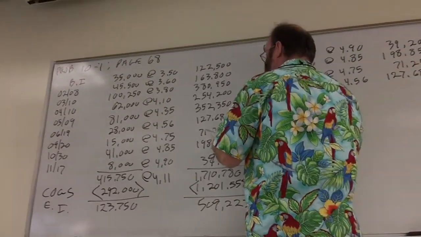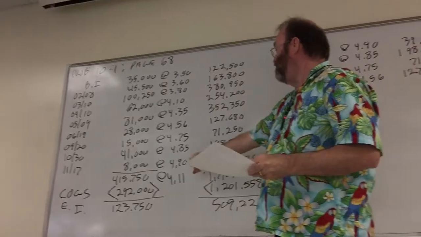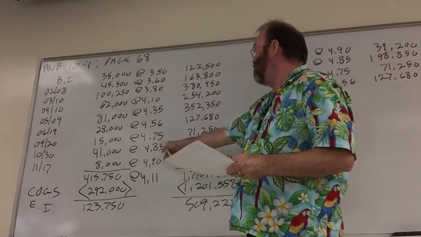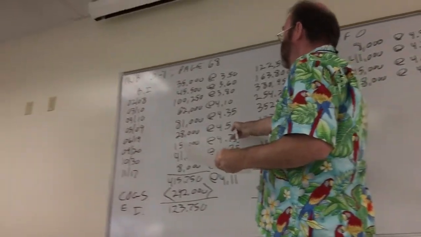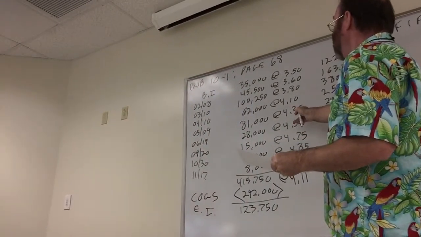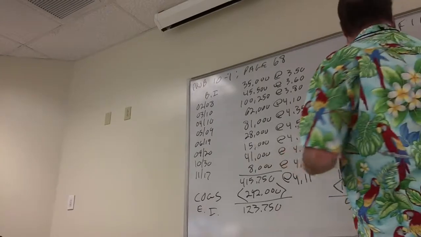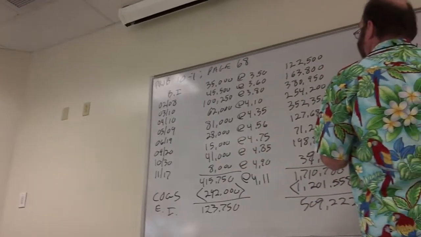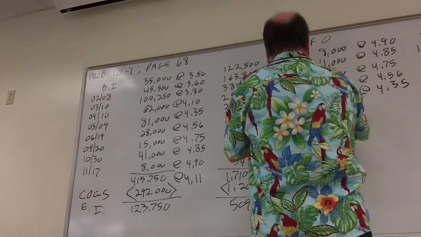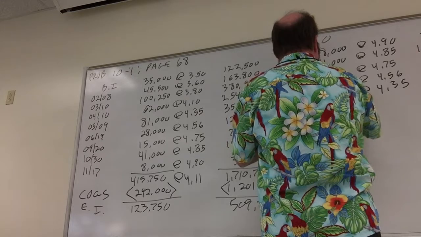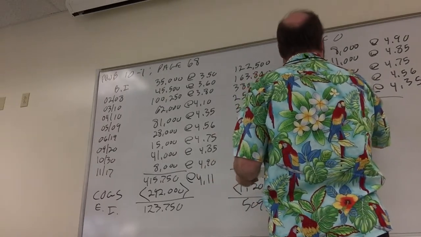And you still have an ending inventory, the November, the October, the September, and all of the June. So out of this 81,000 that you bought in May at $4.35, you need 31,750 to bring you to the 123,750.